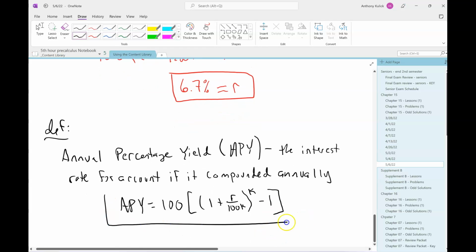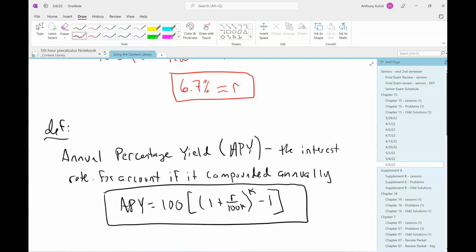So there's my APY formula, where the APY is just the equivalent annually compounded interest rate.